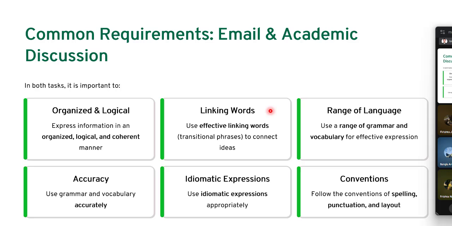Fourth, when we convey our message using grammatical structures and vocabulary, it should be accurate. And the fifth is idiomatic expressions. And the final is the conventions that are common in email and academic discussion tasks. So these are the common requirements.